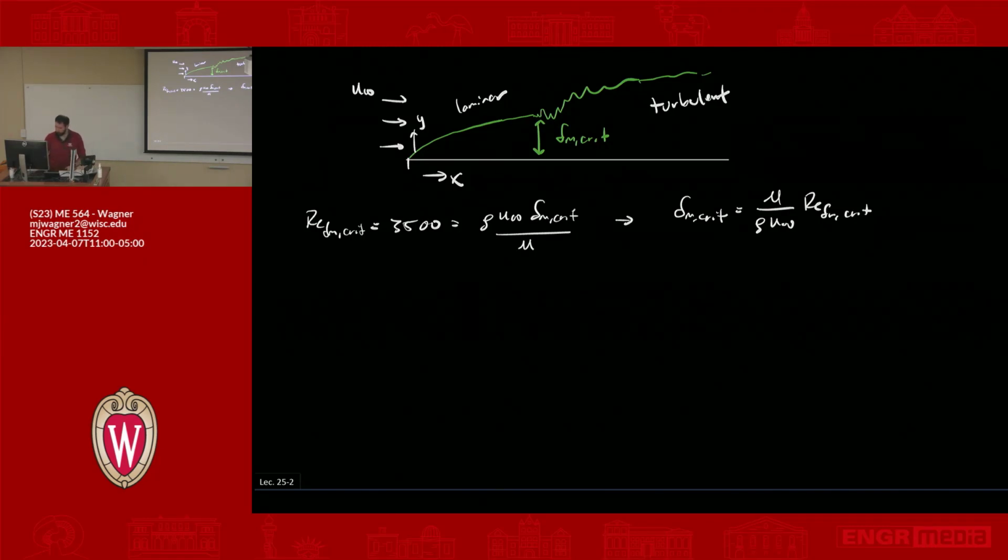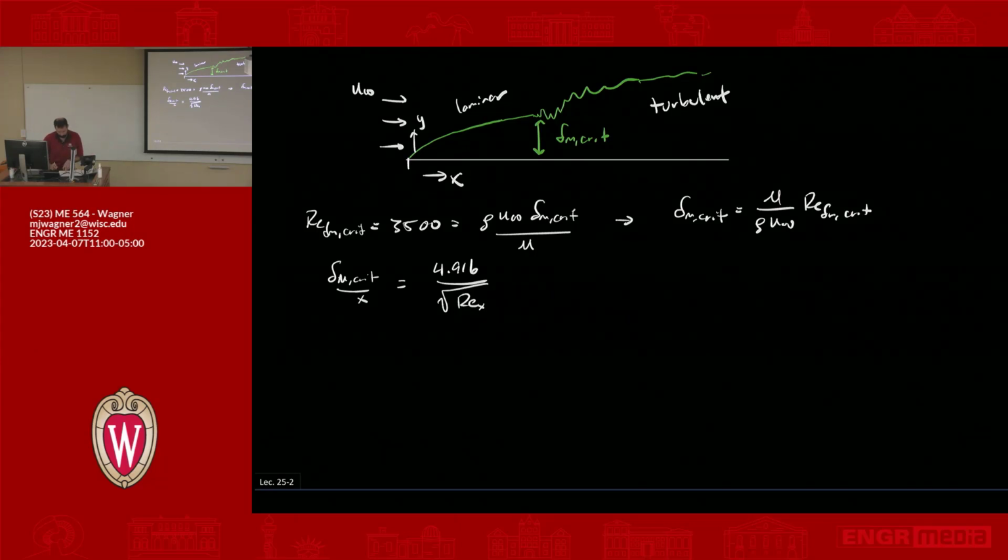Once we have that, if we have a relationship for delta m, then we can enforce that. If we want to use the Blasius solution, delta m critical over x is equal to 4.916 over the square root of Reynolds, which is a function of x, we can then tie these two things together to tell us how the critical Reynolds number relates to x.